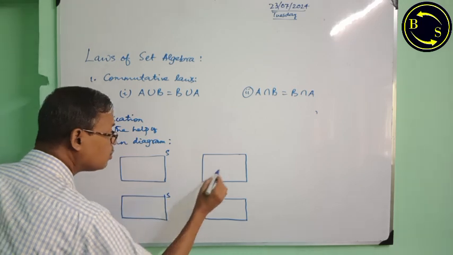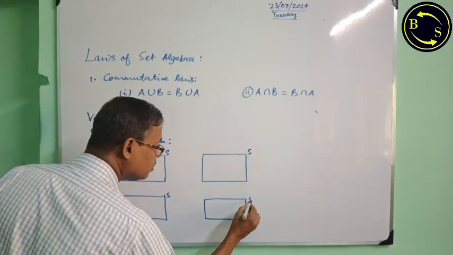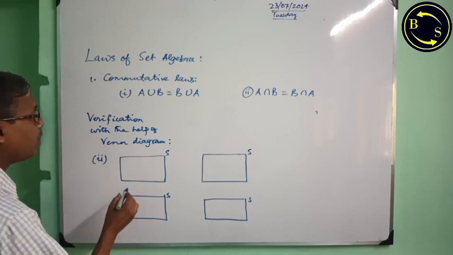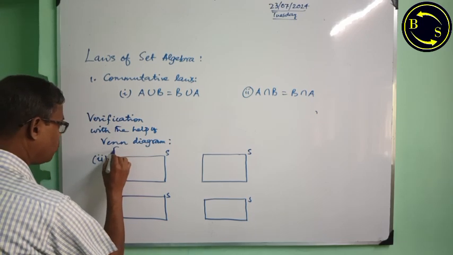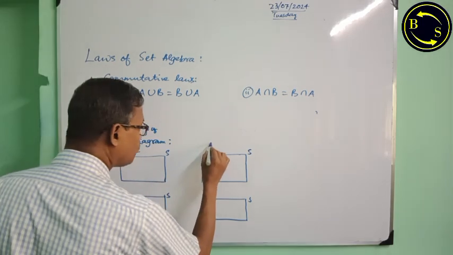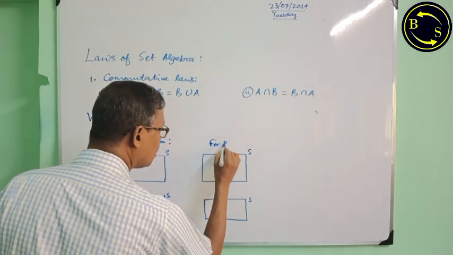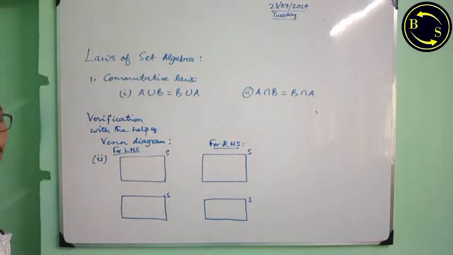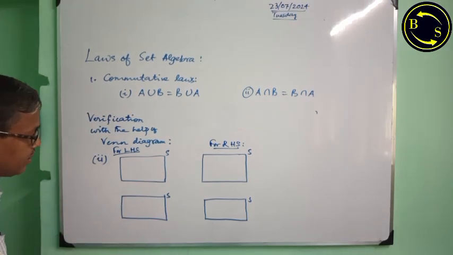I have drawn the rectangles which indicate the universal set. Now, for LHS or RHS, we are showing step by step.